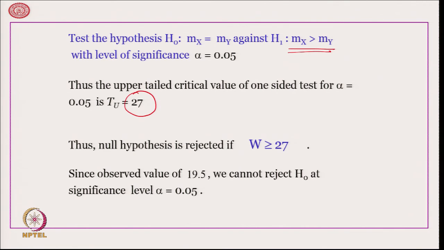Therefore, the null hypothesis is going to be rejected if the obtained value of the statistic w is greater than or equal to 27. However, we have obtained the value is 19.5. Therefore, we cannot reject the null hypothesis at this significance level alpha is equal to 0.05.